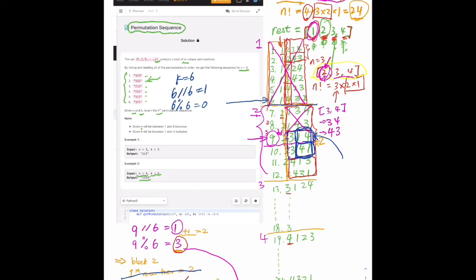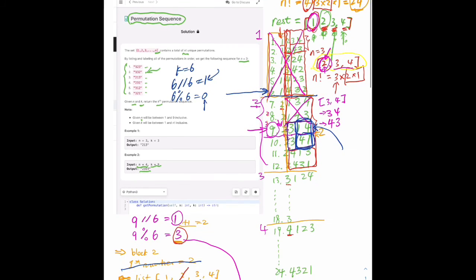So what does that mean? If the remainder is 0, that means this number is the last number of the first block. We know two things. 1, we know the first number is 1 because all the numbers in the first block start with 1. That means the rest of the numbers are 2, 3, and 4.